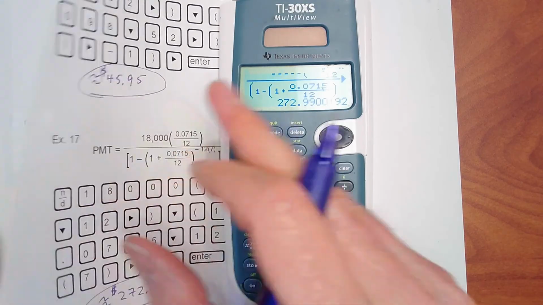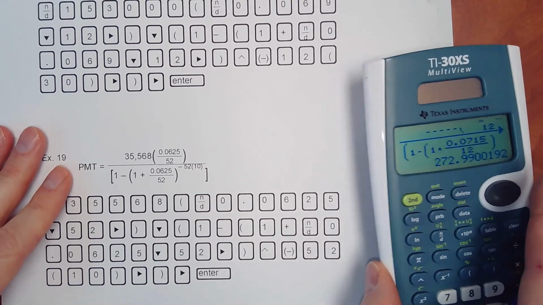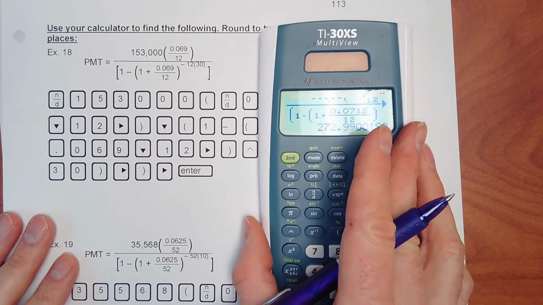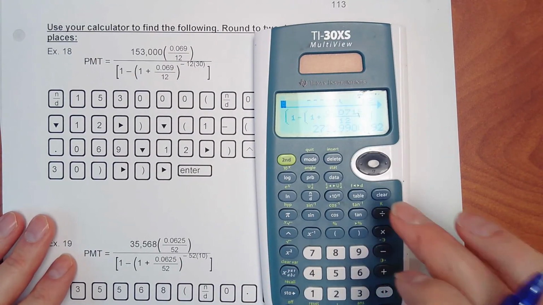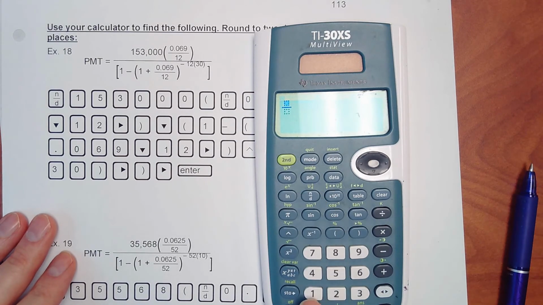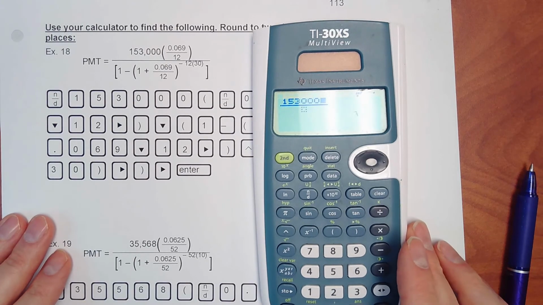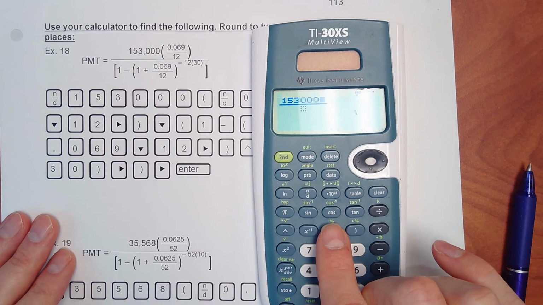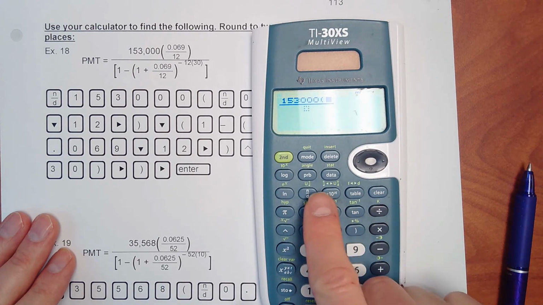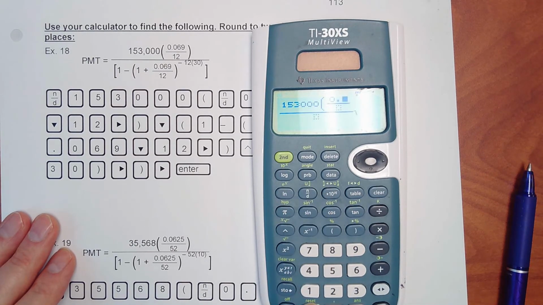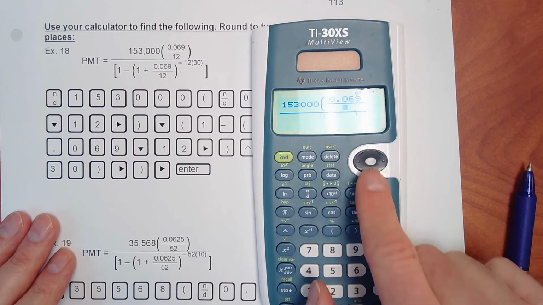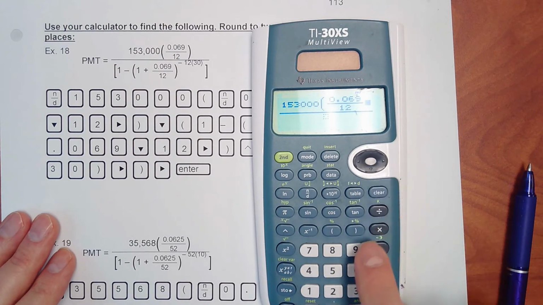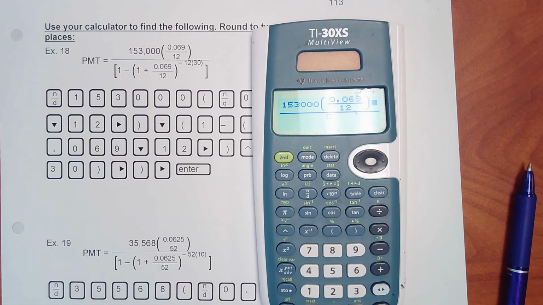Let's turn the page. And it looks like we have a couple more of these to try. So type in your fraction key, 153,000, parentheses, fraction key, 0.069, down arrow 12, right arrow, close off the parentheses.